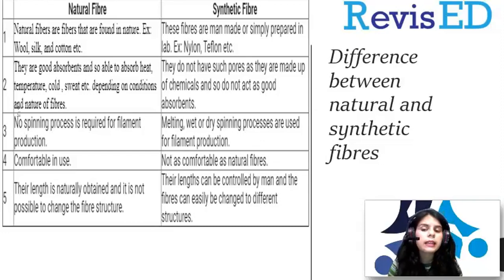Second, natural fibers are good absorbents and are able to absorb heat, cold, sweat, etc., depending on the condition and the nature of the fiber. But synthetic fibers do not have such pores as they are made of chemicals, so they do not act as good absorbents. Natural fibers need no spinning process for their filament production, but synthetic fibers need the melting, wet or dry spinning process for their filament production.